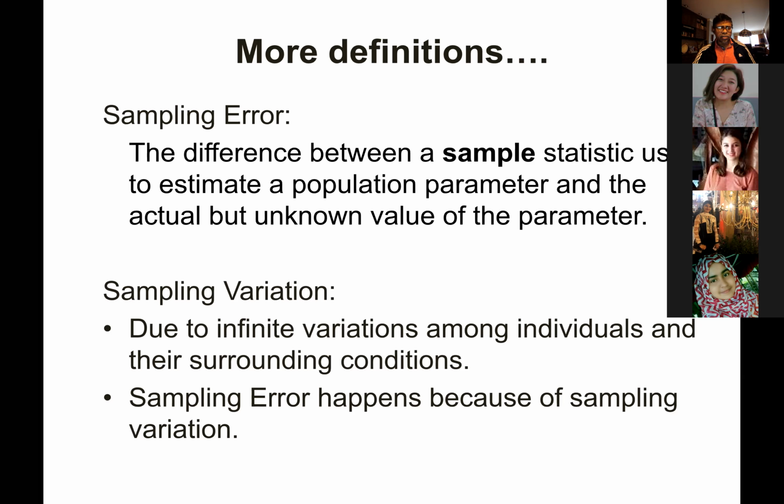Sampling error and sampling variation are also terms that come along with sampling. Sampling error is the difference between the sample statistic, which estimates the population parameter, and the actual value of the parameter. So even if you do sampling, whatever type you use, random or others, there might still be some error.